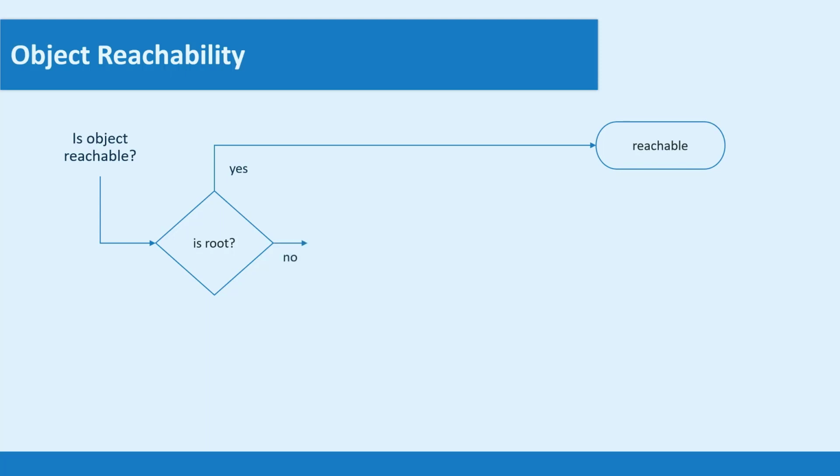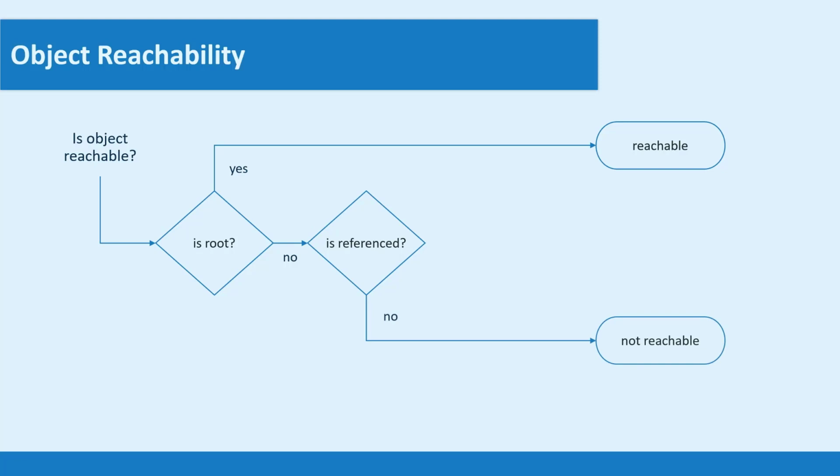If it's not a root, then we ask the following question: is it referenced by any other objects in memory? And if the answer is no, then basically this object is not reachable. So if the object isn't a root and it's not referenced by any other objects, then it's not reachable. Then we ask the following question. Is there an object which references this specific object which is by itself reachable?